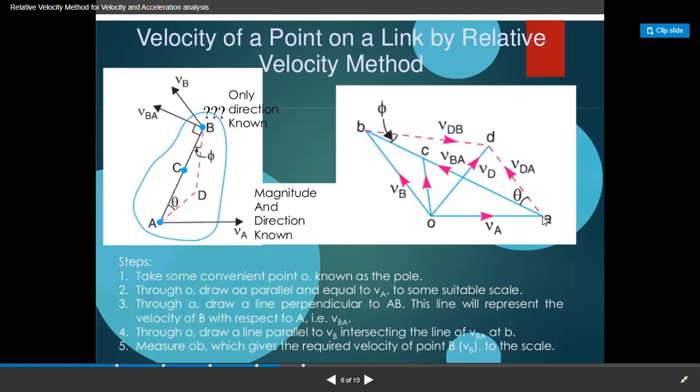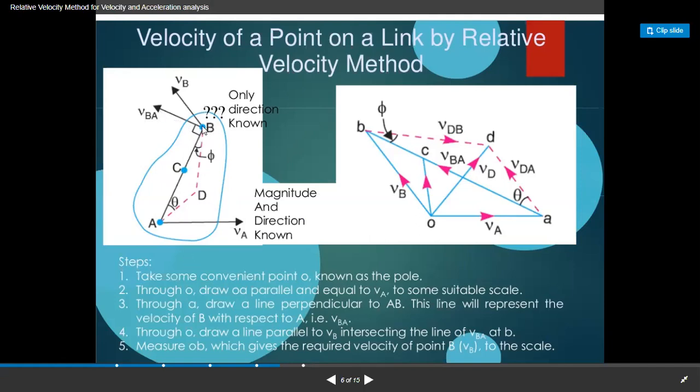Now the next step is to decide the direction of velocity of B. If point A is moving in the anti-clockwise direction, then point B is also moving in the anti-clockwise direction with angular motion. So the velocity of B with respect to A is perpendicular to the link AB.